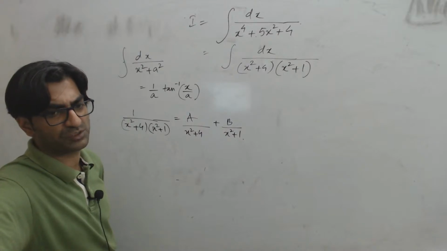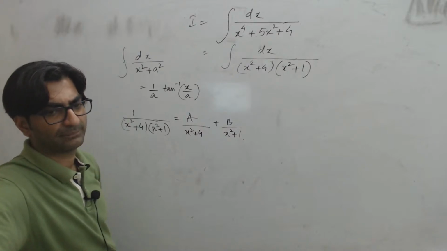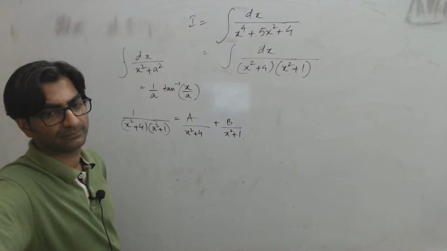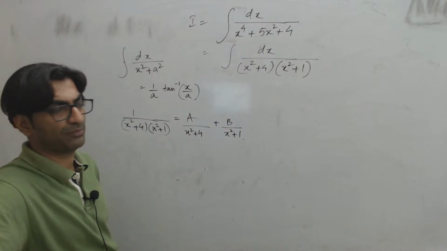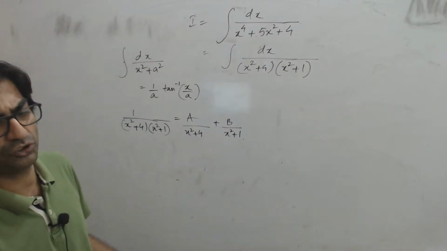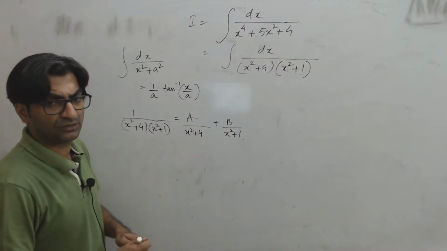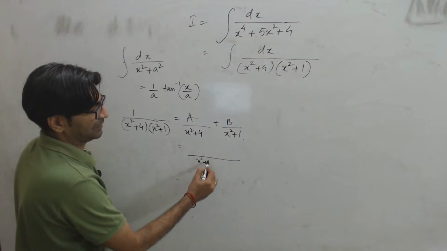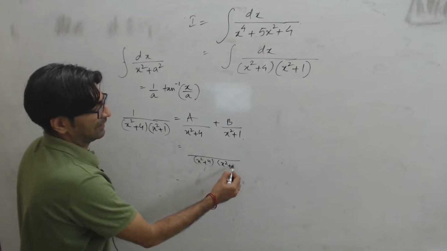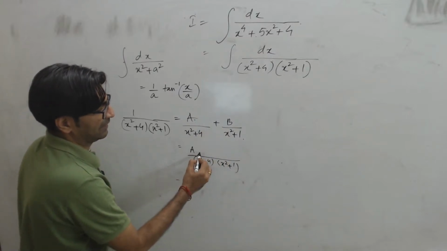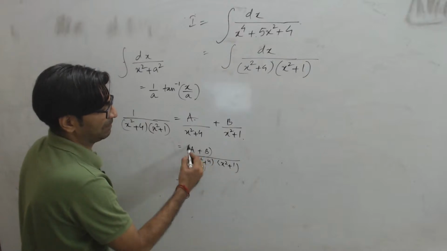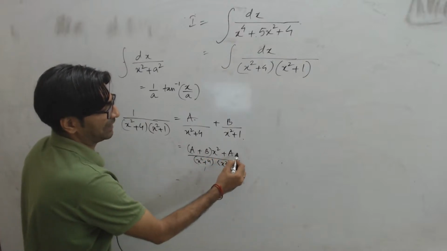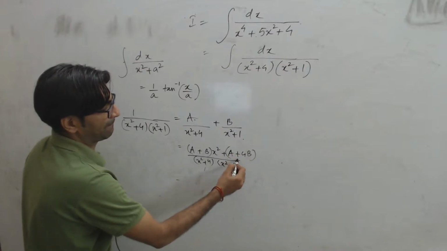What is a and what is b? You remember this? Should look familiar. Must have done this at school. Taking an LCM, x square plus 4 into x square plus 1, and this becomes ax square plus bx square, so a plus b into x square plus a plus 4b.